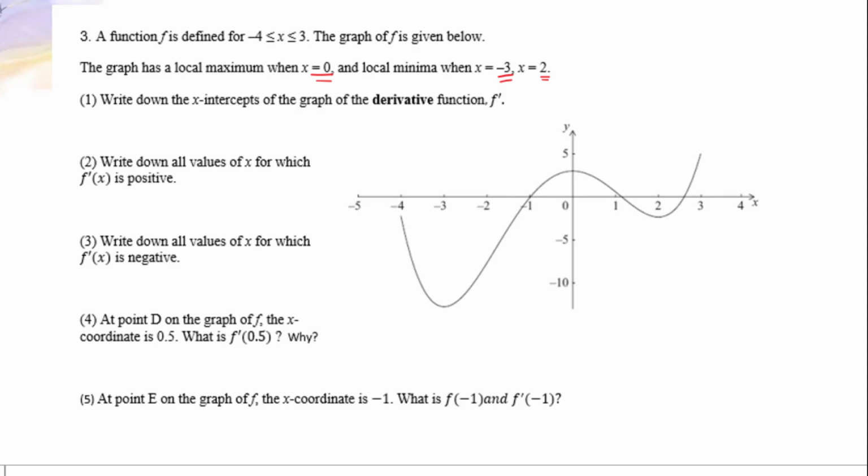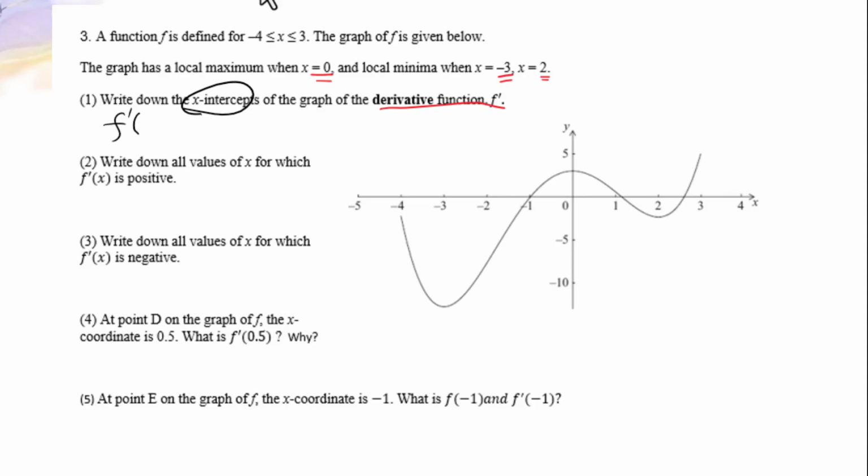Write down the x-intercepts of the graph of the derivative function f prime. X-intercept means f prime of x equals 0 at local maximum or local minimum points. So the answer will be x equals 0, -3, and 2.